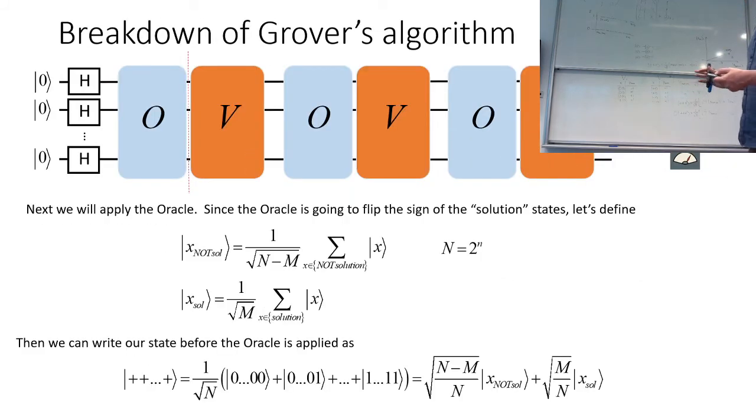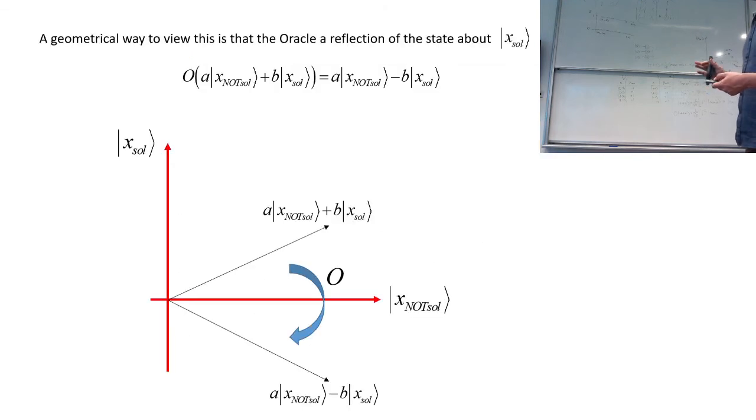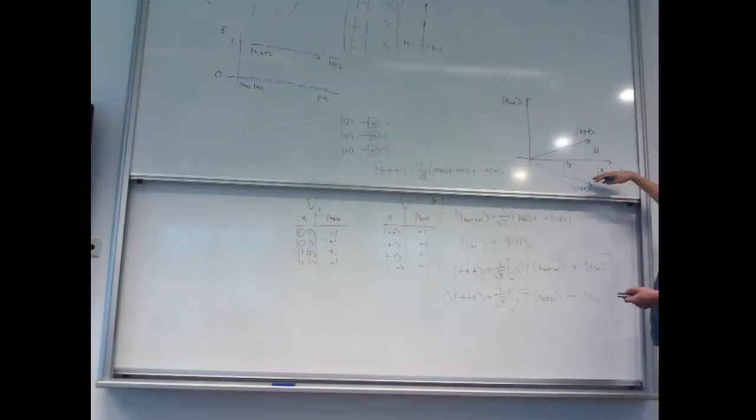It's not very interesting, and it's kind of obvious from this result that the oracle is something that flips the sign on the solutions, right? And basically what that does is to reflect it around this axis that was the not solution, right?